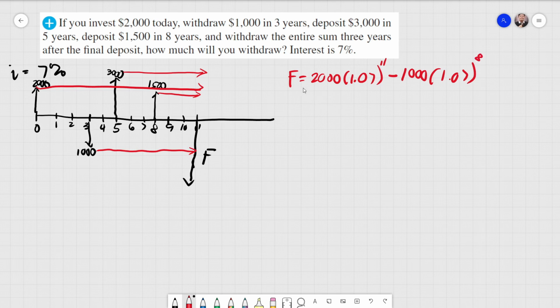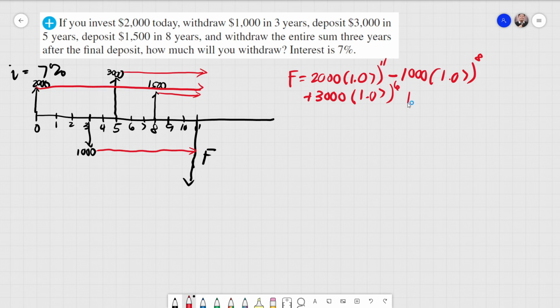Plus 3,000. So, this 3,000 occurs at year 5. So, ilan yung time period na lumipas from year 5 going to year 11? That is 11 minus 5, which is simply equal to 6.